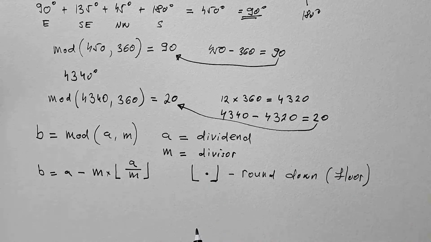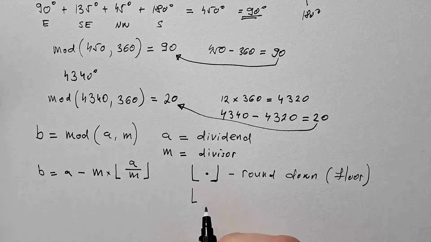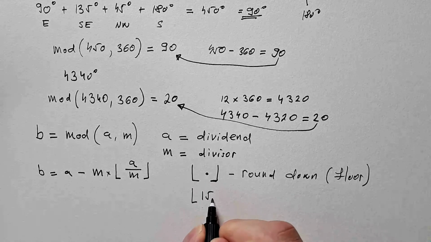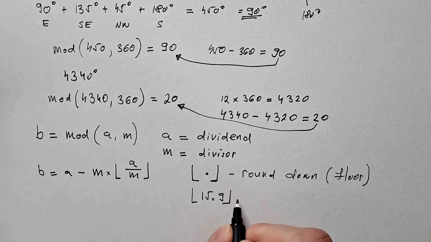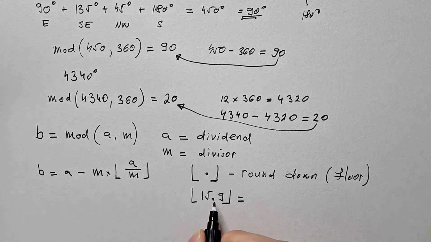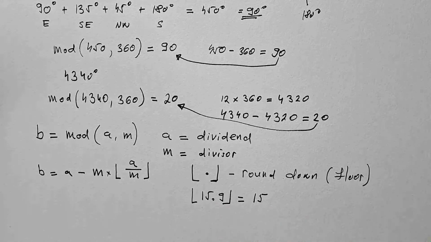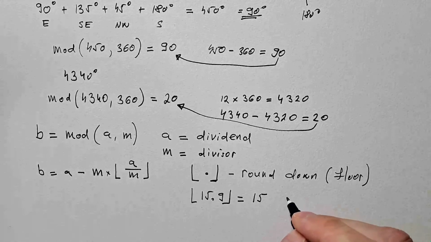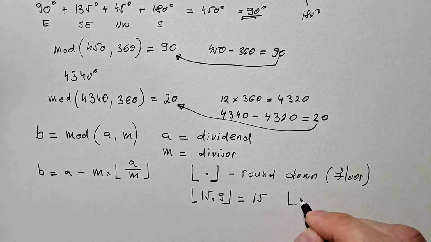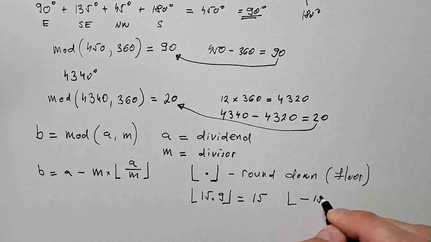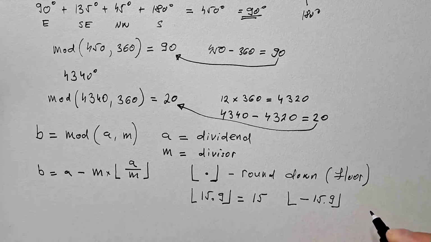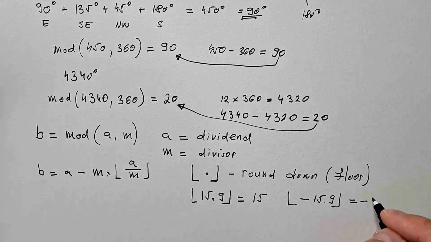So if I have a number, let's say 15.9, round down of this number is 15, not 16 as usually people would round it. For example, round down of minus 15.9 would be negative 16.